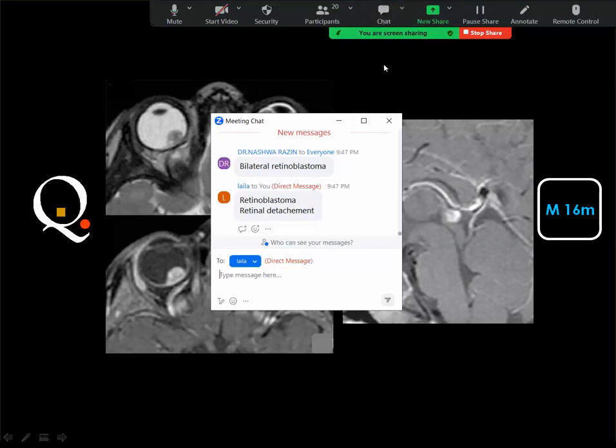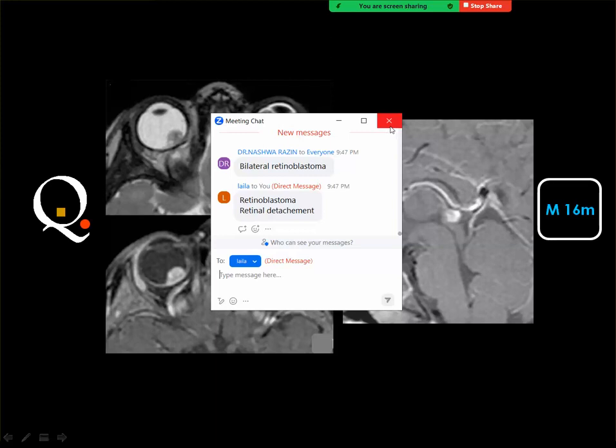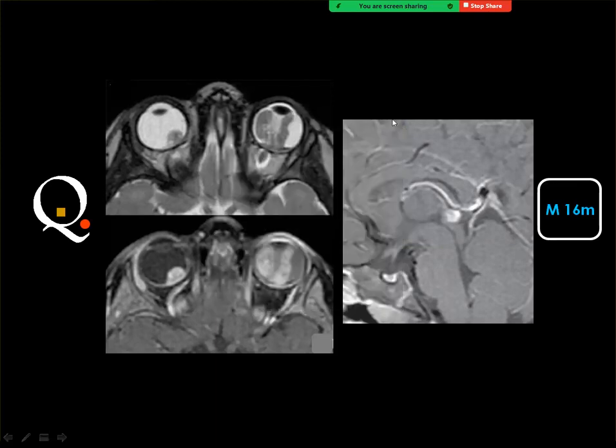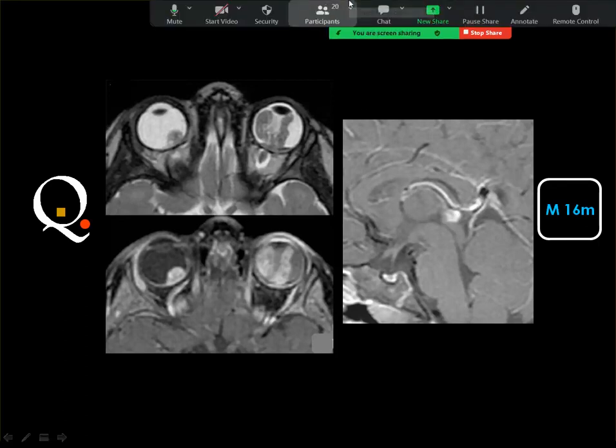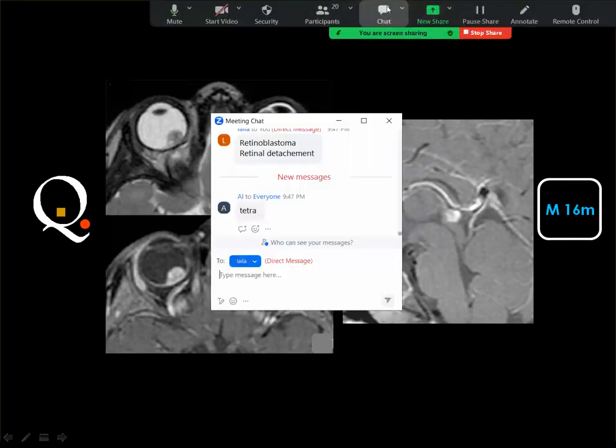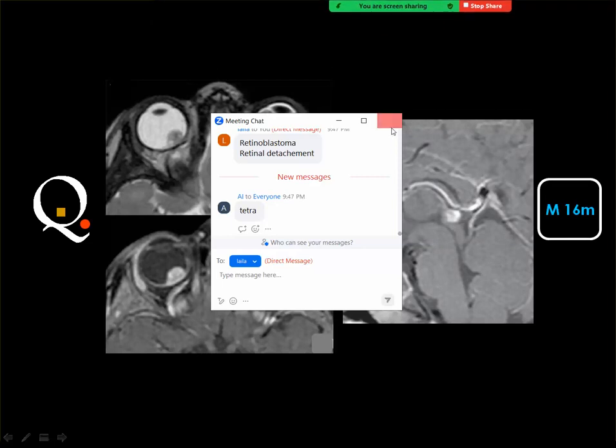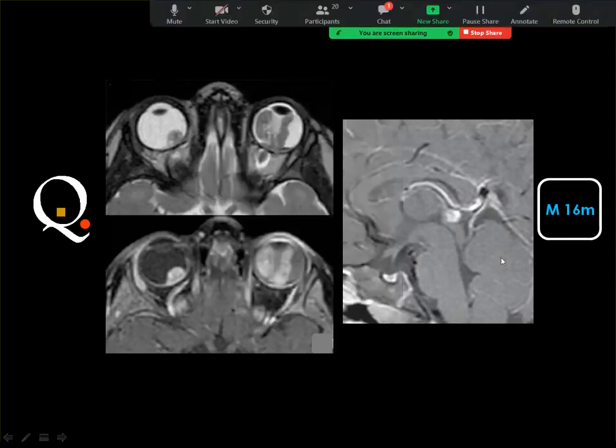Yes, retinoblastoma, which side? Bilateral. And this lesion? And it's tri, not tetra.